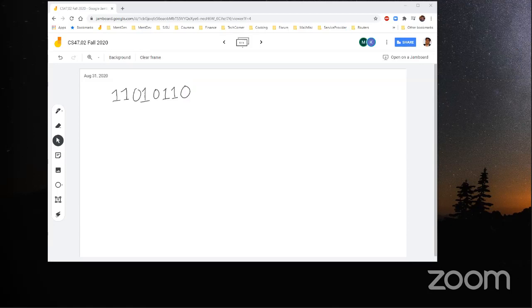Also, the important part to know here for any 2's complement form is how many bits we are talking about in this representation. So it is 8-bit 2's complement.